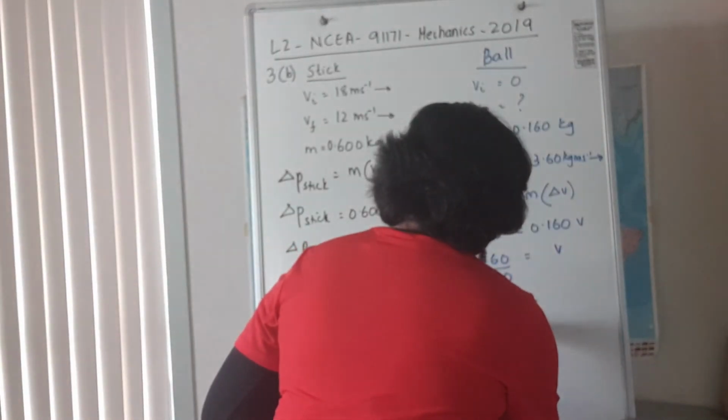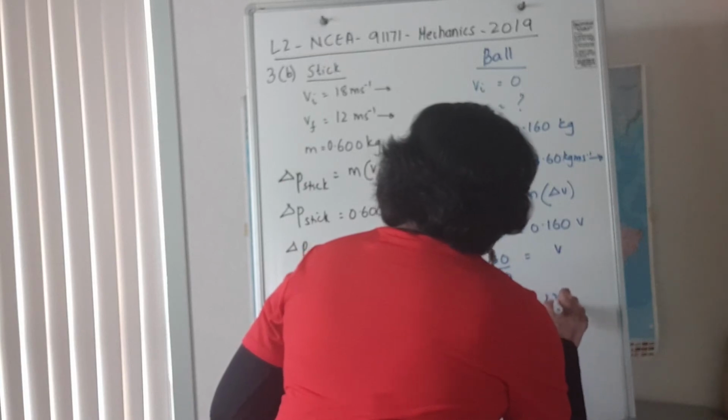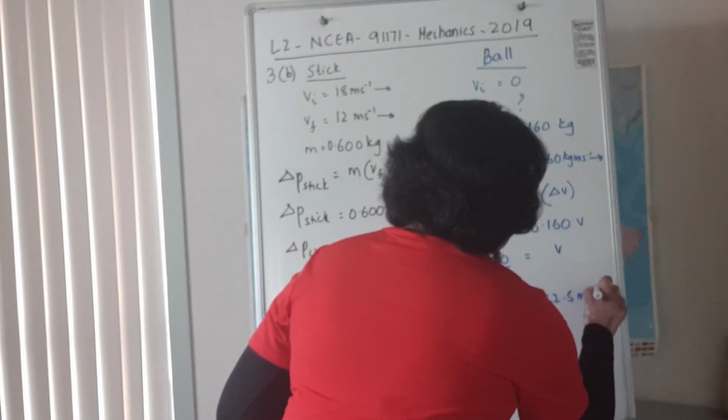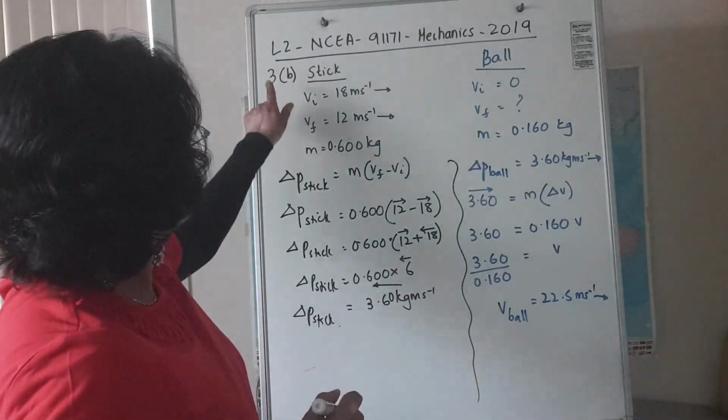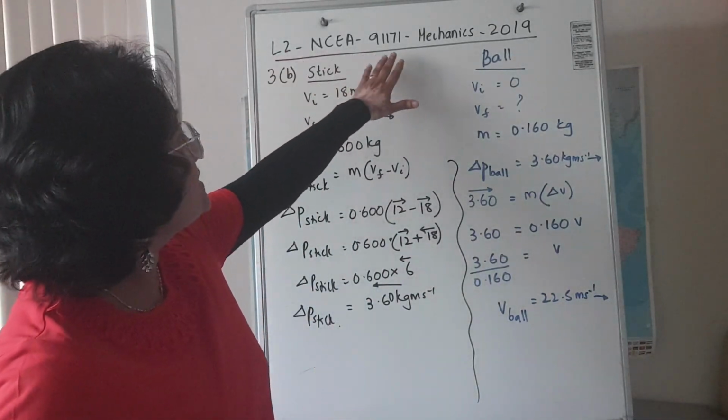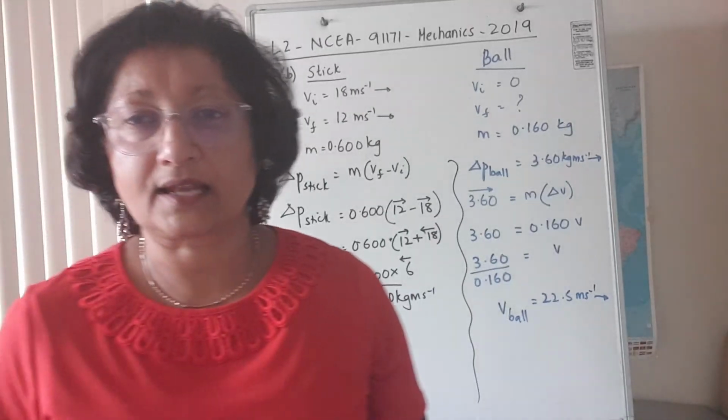So v, the speed of the ball, is 22.5 meters per second in this direction. So that's the answer to question 3B from the Level 2 NCEA Mechanics 2019 paper.